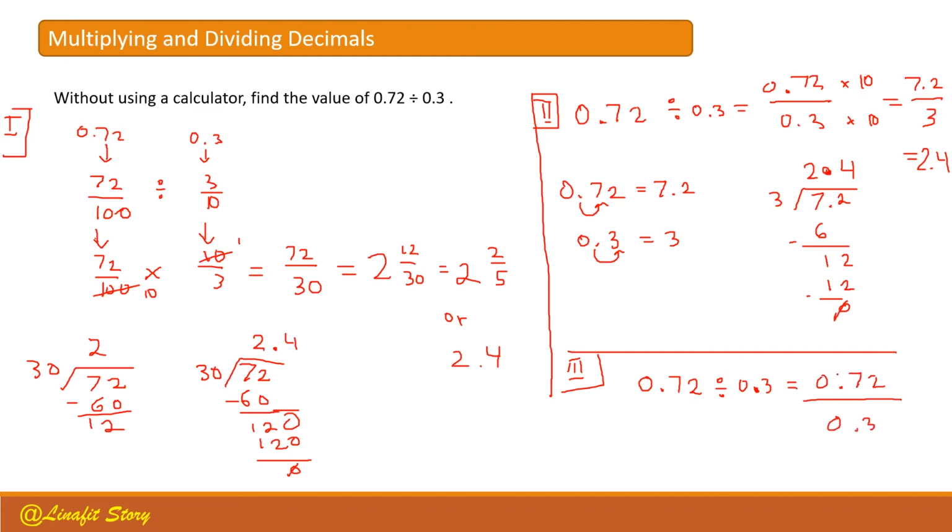Move the decimal place one step to the right. Do the same, one step to the right. So over here, this is 7.2 out of 3. This means 7.2 divided by 3. The answer is 2.4.